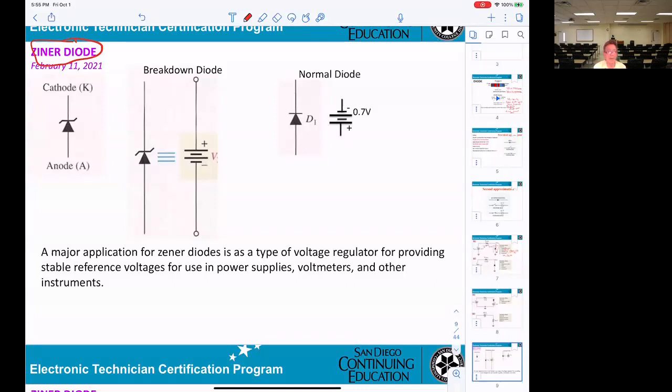When you go to buy a Zener diode, you must tell the people what voltage Zener you want: 5 volt, 10 volt, 20 volt, 15 volt. Otherwise, they cannot sell it. The Zener diode tries to protect the circuitry at a certain voltage you want. This is the symbol for the Zener. And now, Zeners can break down.